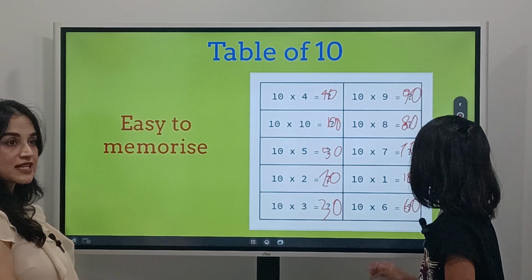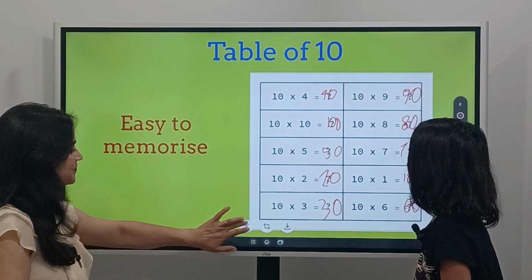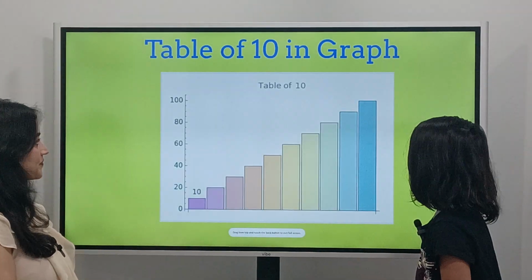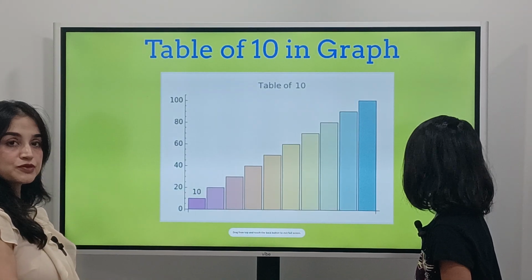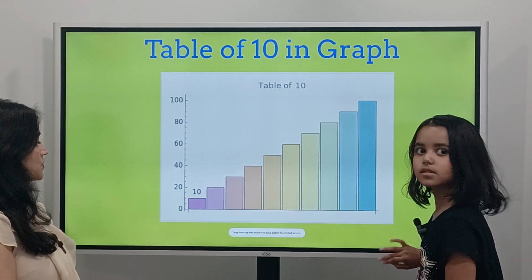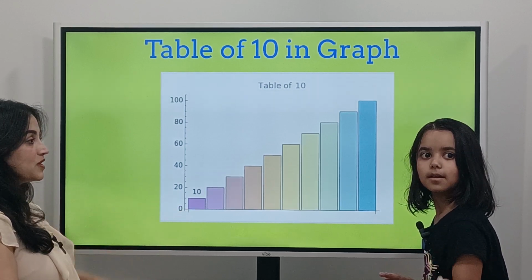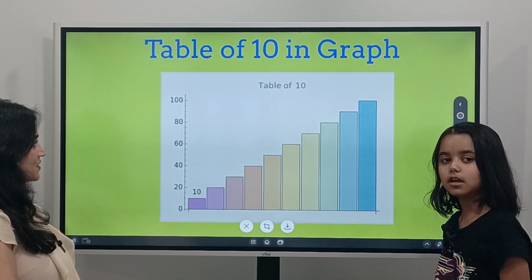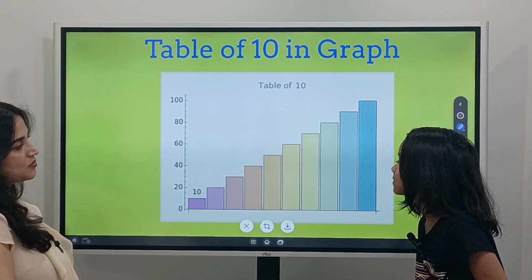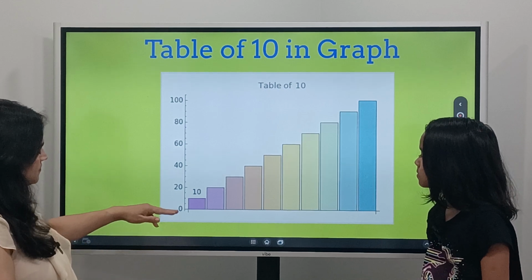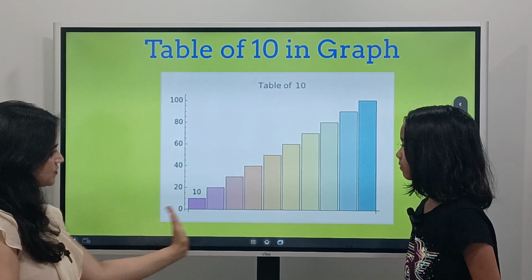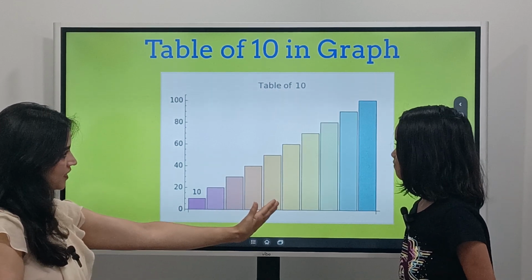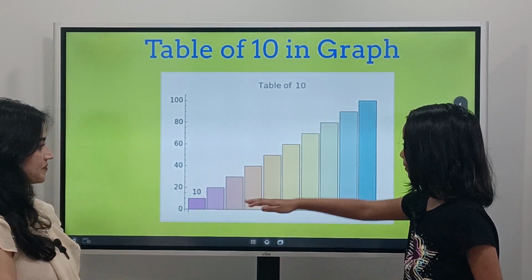Let's move to the next slide. So how about we do it in a graph? Remember we talked about the graph before, Lina? We came with the table 10, and I see from 0 to 100, and this one is going to give the answer. I'm going to put the answers here.